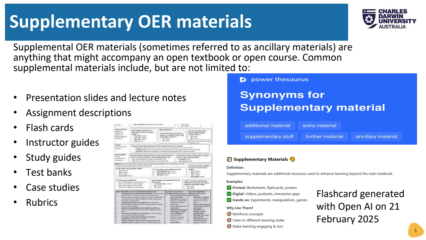Power Thesaurus has come up with a number of synonyms for supplementary material. These include additional material, extra material, supplementary stuff, further material, and ancillary material.